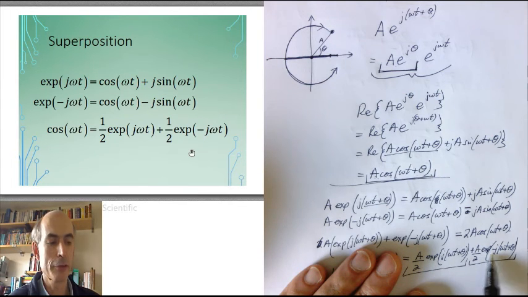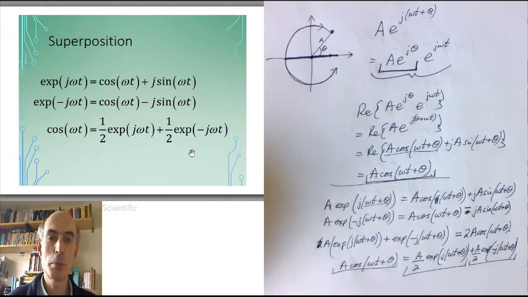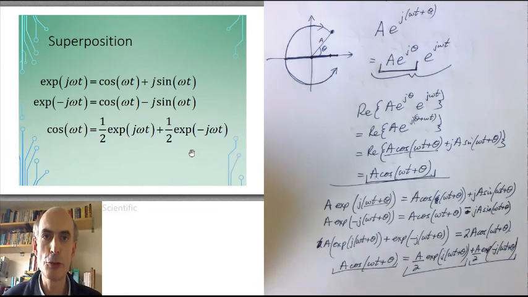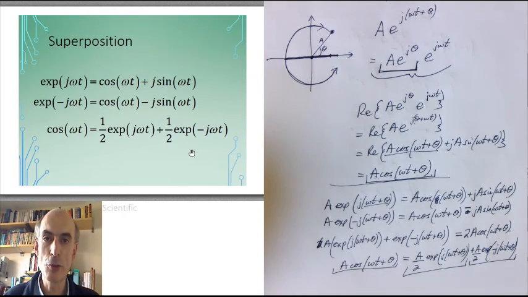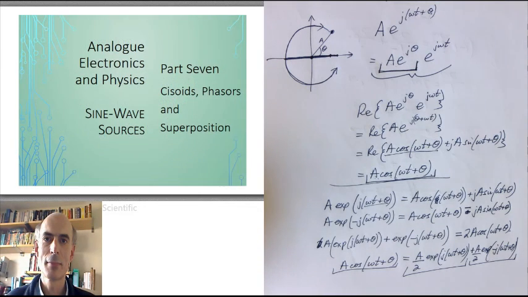Solve the circuit for both of those sinusoidal oscillations, and then use superposition to combine those two results. And provided the circuit is linear, that should give us the result for a real sinusoidally varying source, without any requirement to do any calculus. Next time, we'll do an example of this technique.